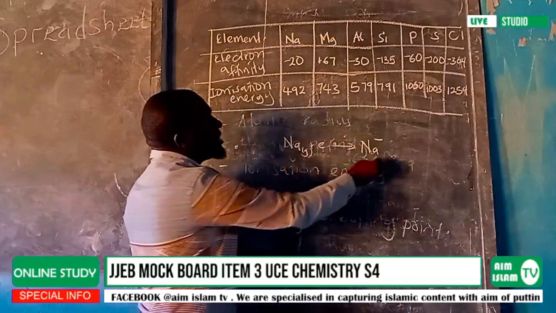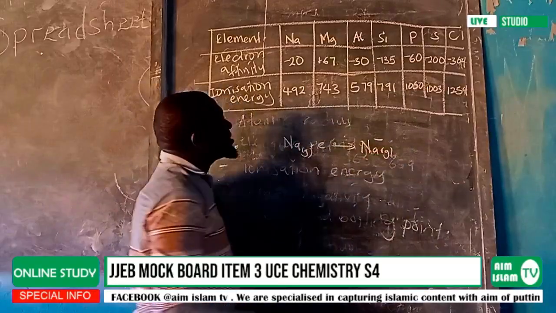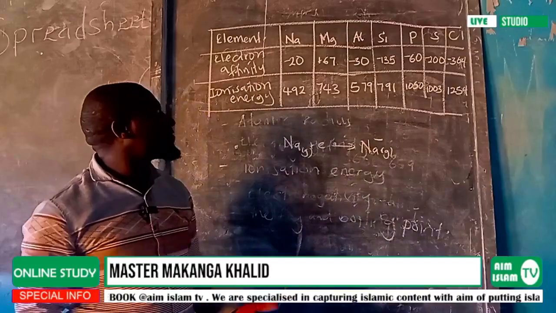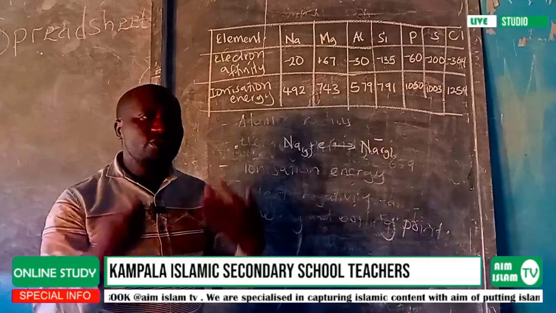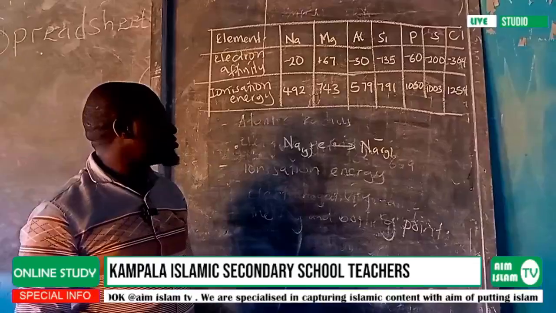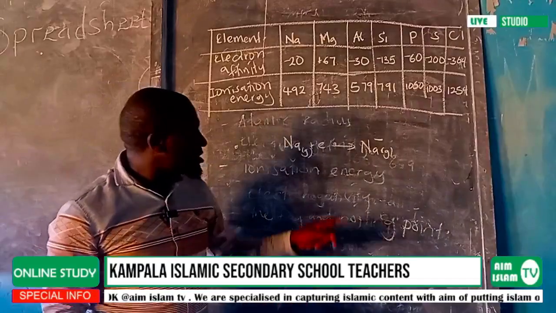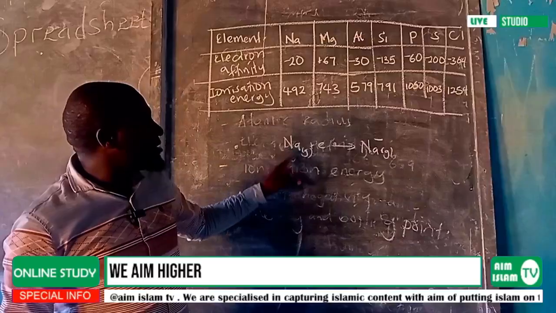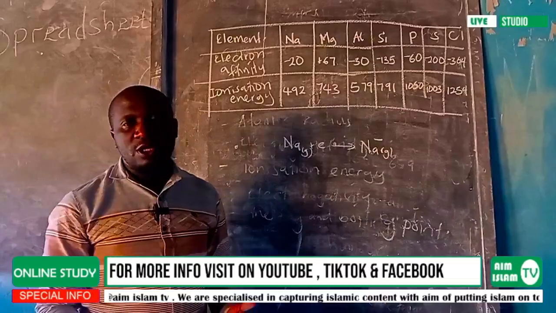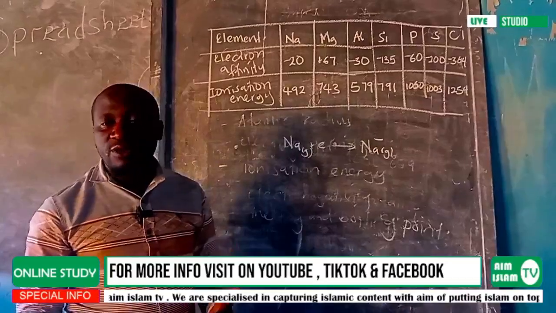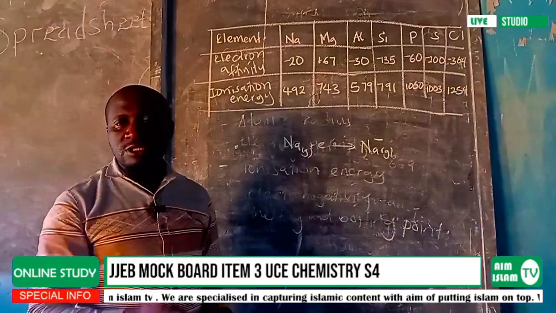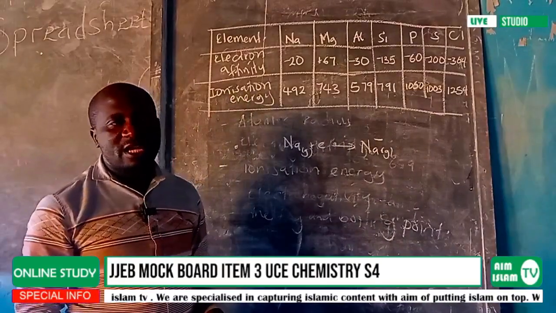Why is the first electron affinity always negative? Initially the elements are neutral, meaning they don't carry any charge, and the incoming electrons carry a negative charge.